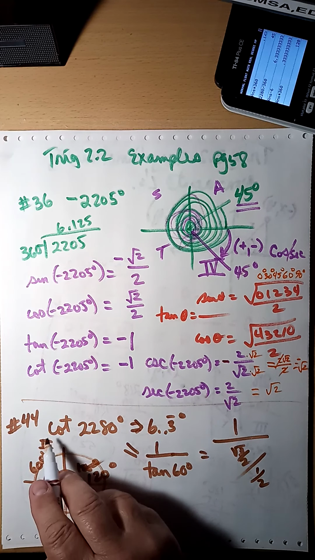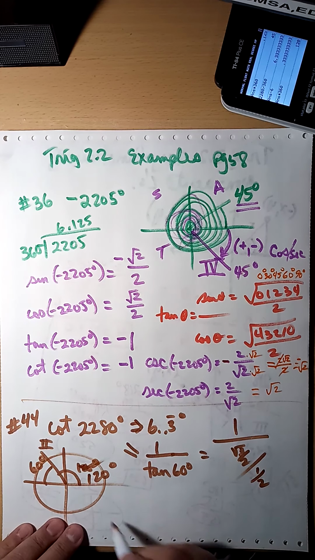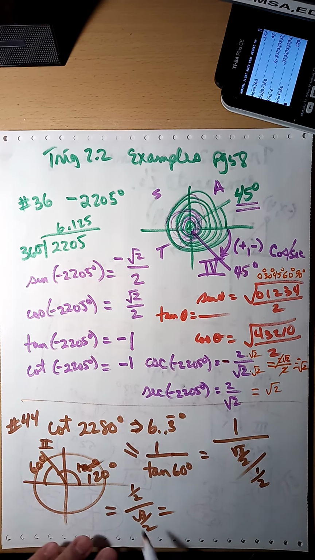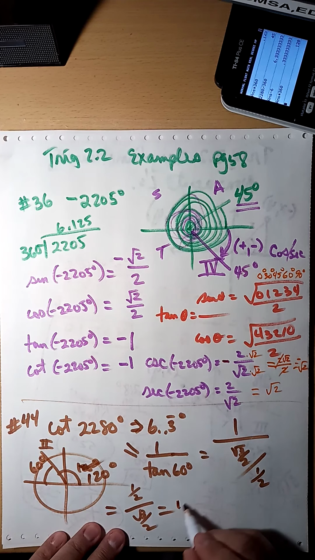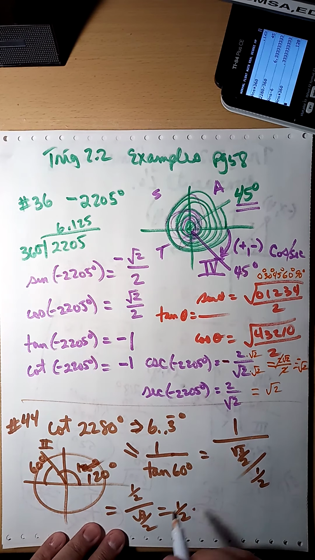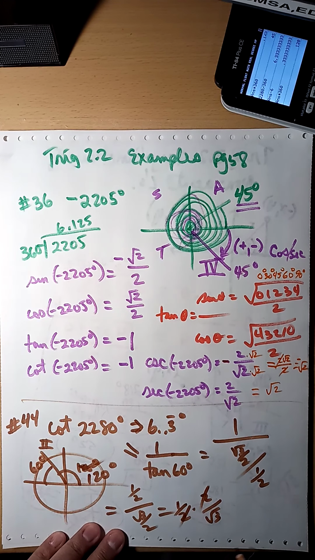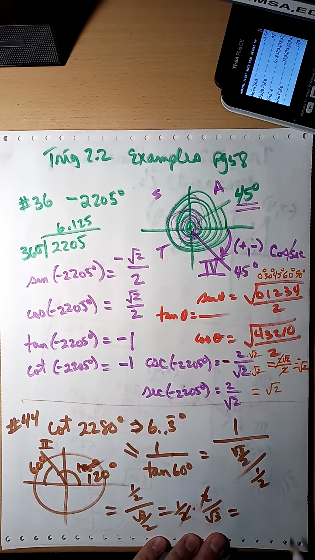Well, we want the cotangent, so we need the reciprocal of that. So this is really 1/2 over square root of 3 over 2. And when you divide by a fraction, you multiply by the reciprocal, which is 2 over the square root of 3. These two cancel, and you get 1 over the square root of 3.